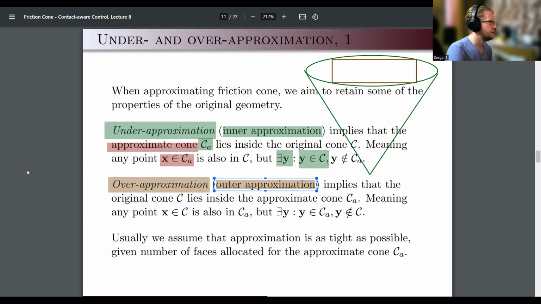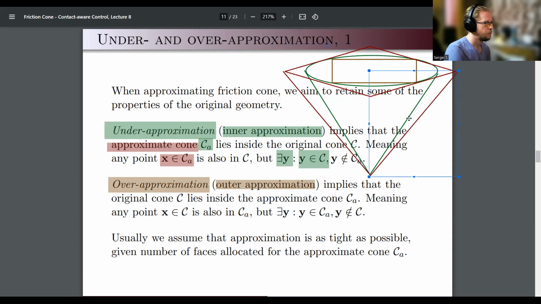On the same picture that I drew, it can look something like this. So this would be over approximation. The red one is over approximation, the brown one is under approximation.